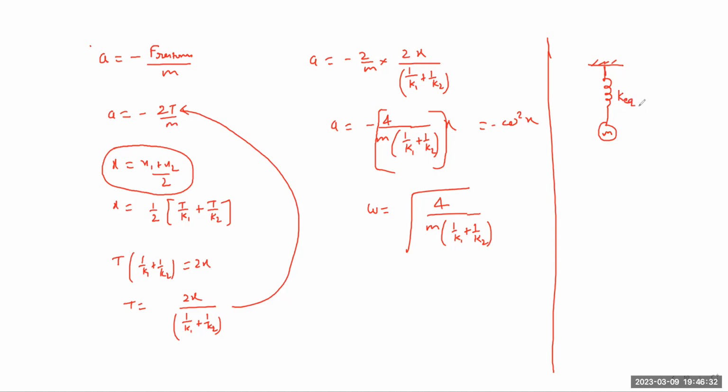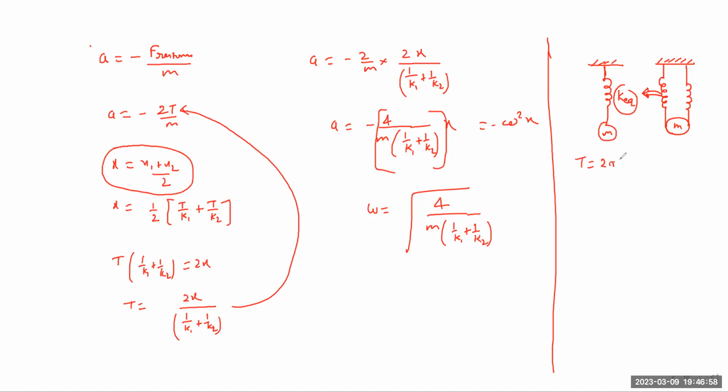And now we need to know what is the K equivalent. So your original problem is this, and we would like to convert this into a simplified problem of a single spring and single block, because we know the answer of time period.